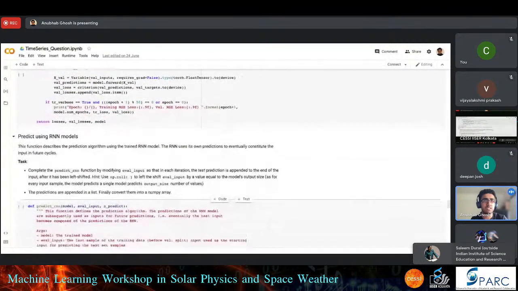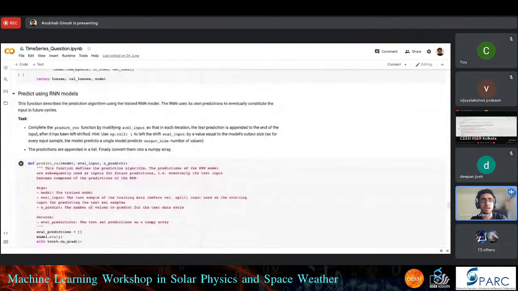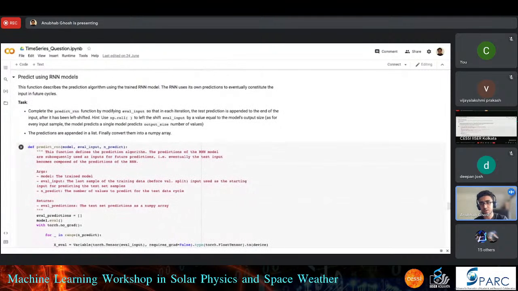And then the next idea is to use the RNN model for the prediction. As I explained, when you train the network and when you predict on a new cycle, you start with a window of history of points, and you use these points to predict the next point in the cycle. Once you have the next point, you use it back in your window.